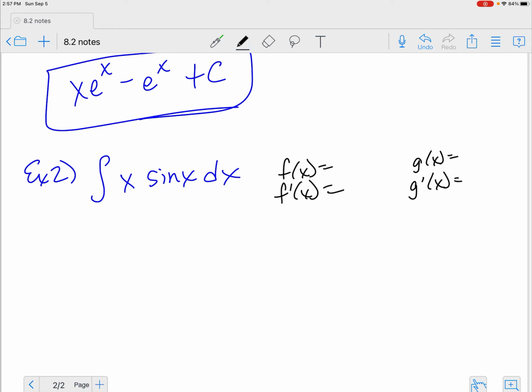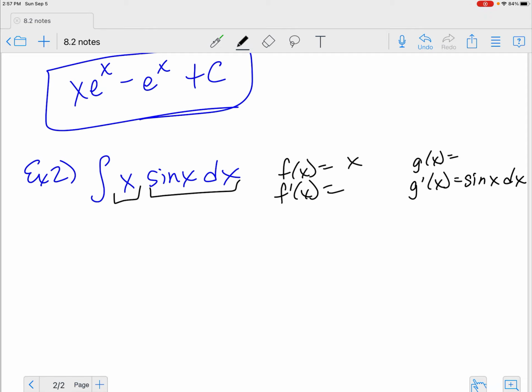This is how I set this up. Some people set it up just a little bit differently and it still works. As long as your pattern is the same and you're following the formula, that's up to you. All right? Okay, so I know that this is my polynomial and this is my g prime. So I've got x and sine of x dx.